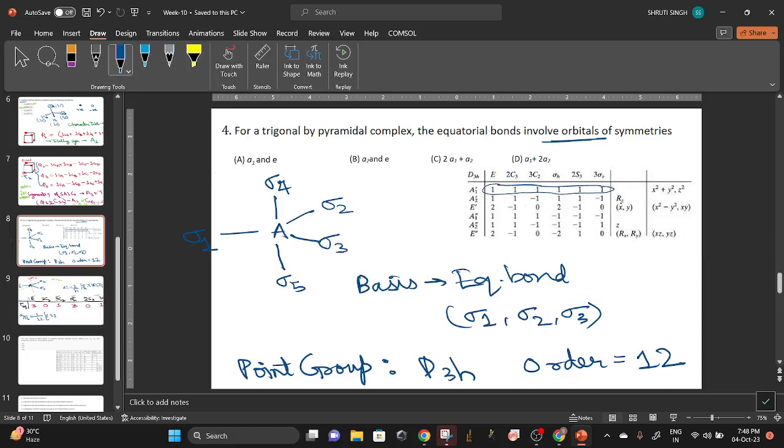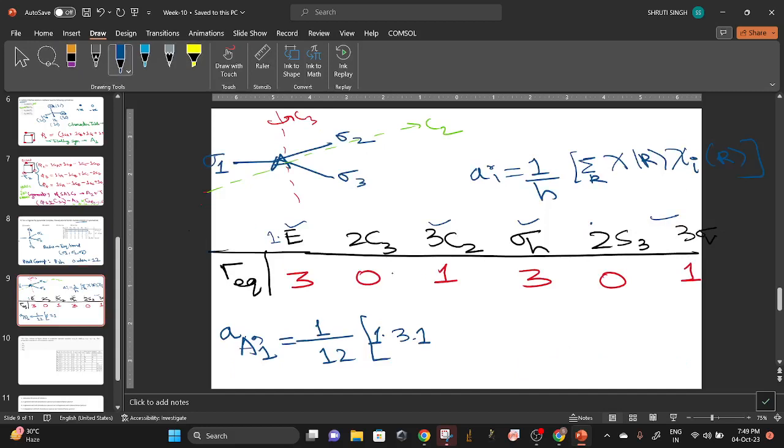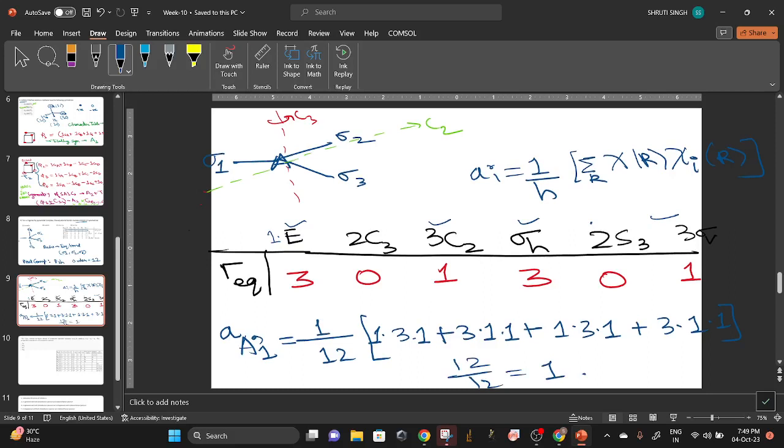So next, C3 is not written, C2: it is 3 into 1 into 1. Next this is 1 into 3 into 1. This is 0. This is 3 into 1 into 1. So we have 3, 3, 3, 3. 12 by 12 equals 1.